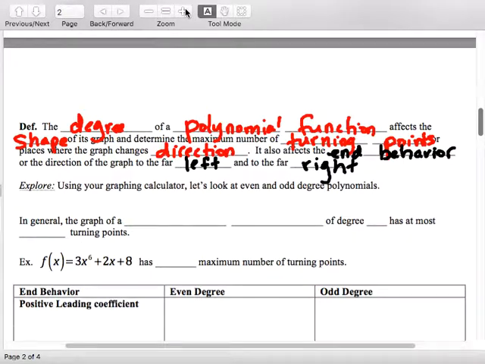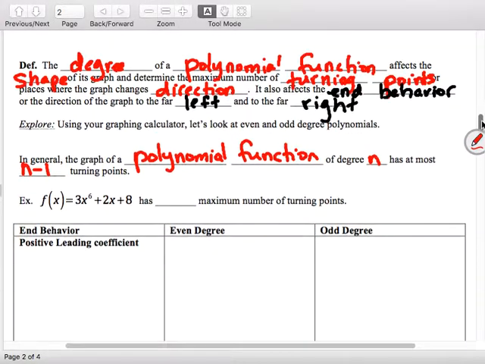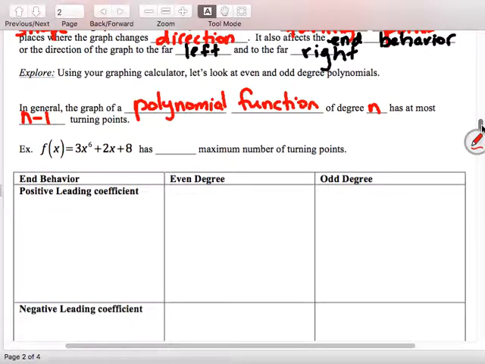So watch what we're going to write down here. It says, in general, the graph of a polynomial function of degree n has at most n minus 1 turning points. So if you look at my example, f of x equals 3x to the 6th plus 2x plus 8.